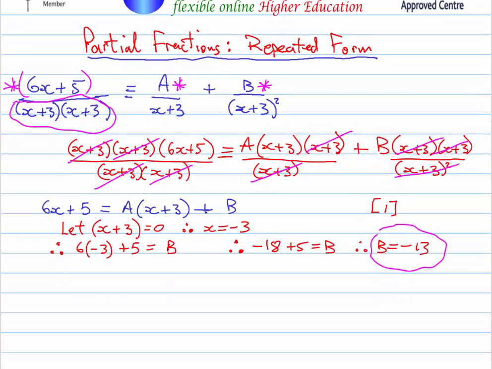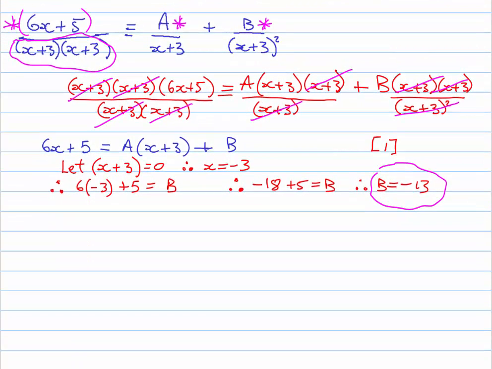Let's scroll down a bit and have a look at how we can find a value for A. Well, we know that B is minus 13.